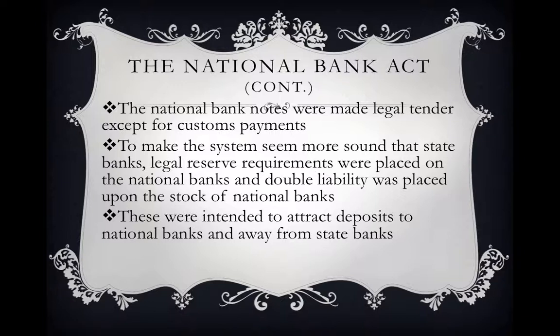If you became a national bank, you were under a system of reserve requirements that was more stringent than the state banks, which made the national bank seem sounder, a safer place to put your money. Also, the national banks faced double liability: if they were not able to pay gold and silver for the notes, they would have to pay you double the liability they actually had.